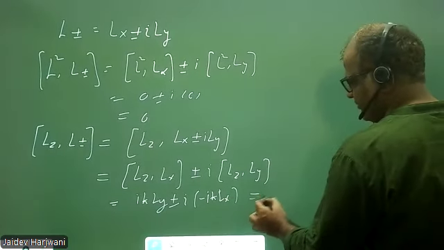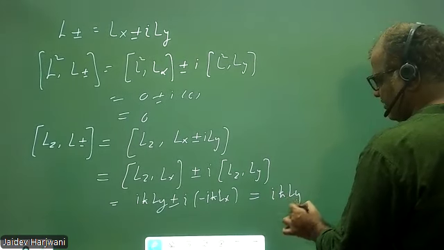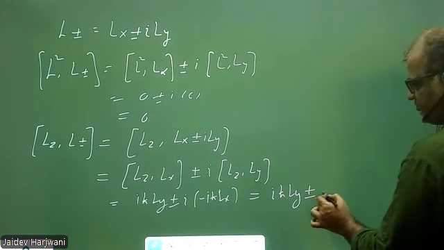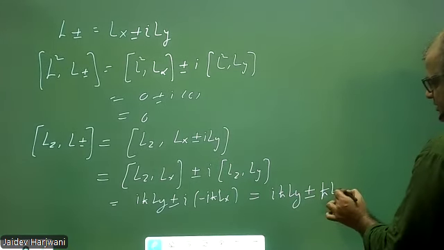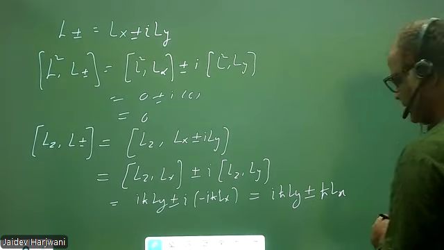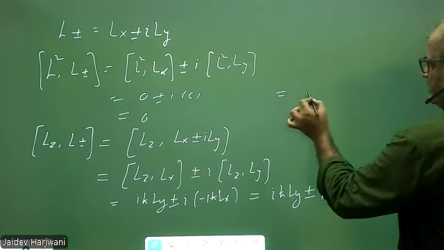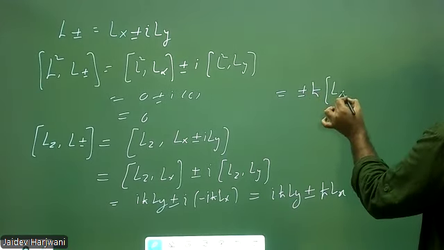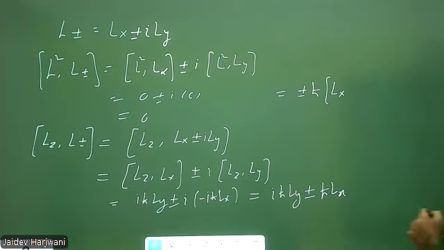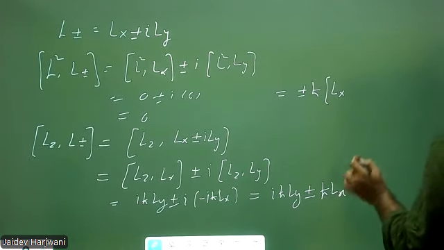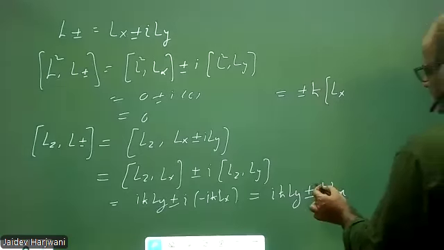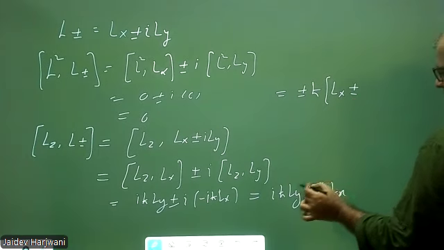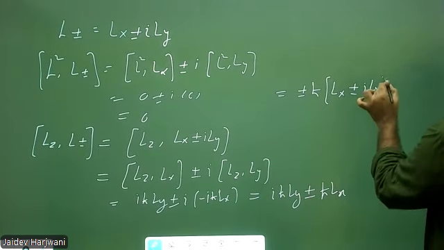Now if I solve this one, what will come? It will come iota h cross Ly, iota square minus 1 minus plus, so this is plus minus h cross Lx. Now if I take plus minus h cross common, this will be Lx plus minus iota Ly.